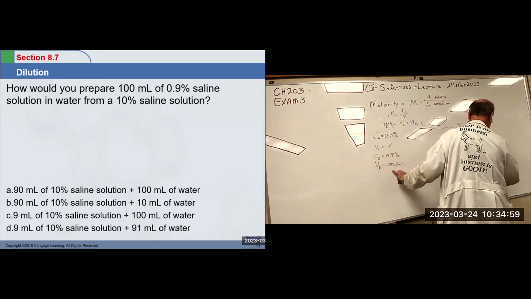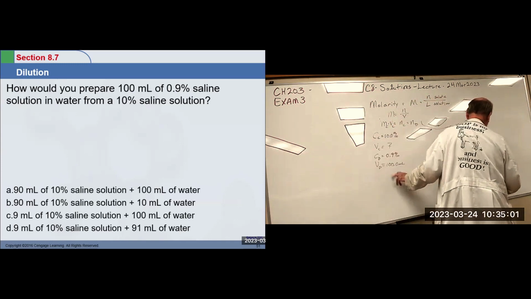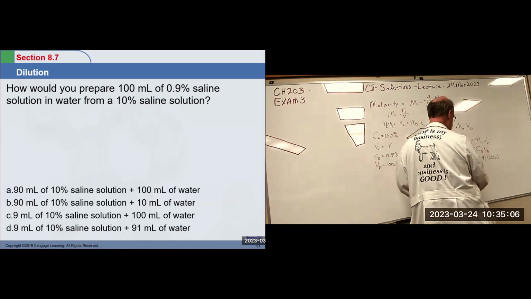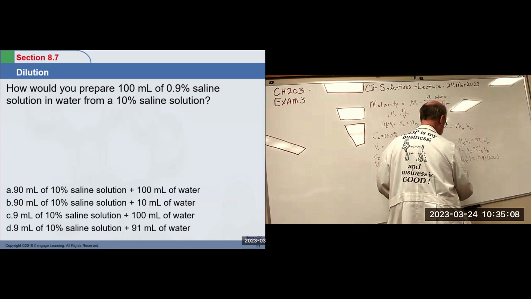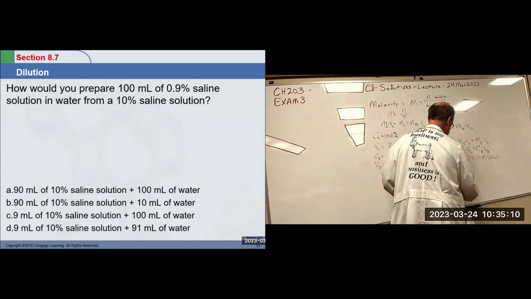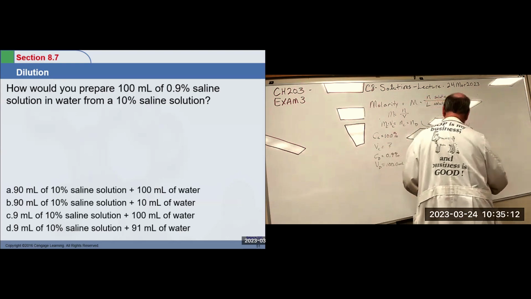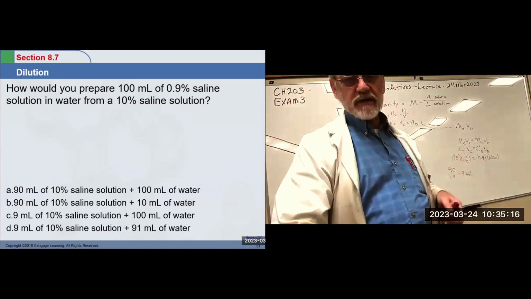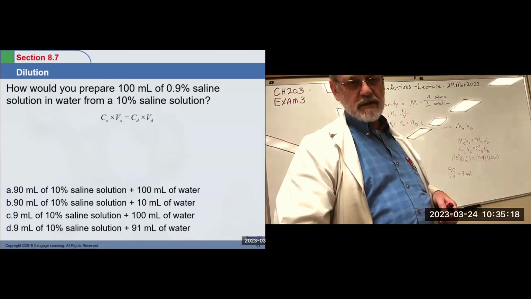And this one is in milliliters. So if we solve for this one, it's just 0.9 times 10, which is 9, divided by 10, which is 1... rather, 0.9 times 100 is 90, divided by 10, which is 9. So 9 milliliters of the concentrated one diluted to 100 milliliters. Okay, there we go.